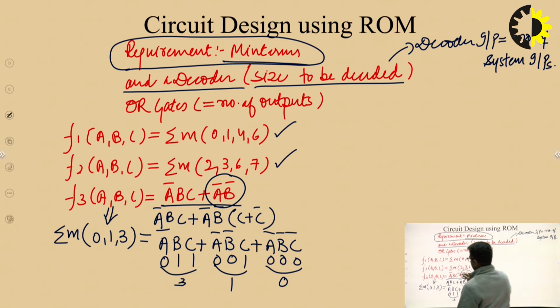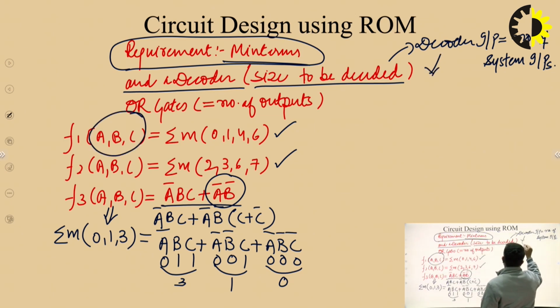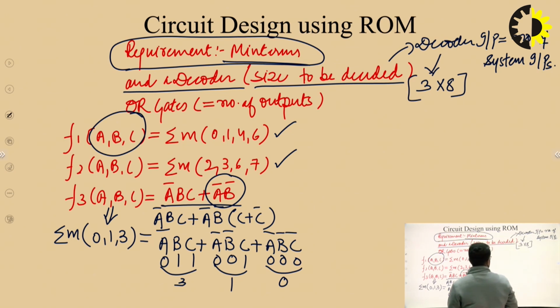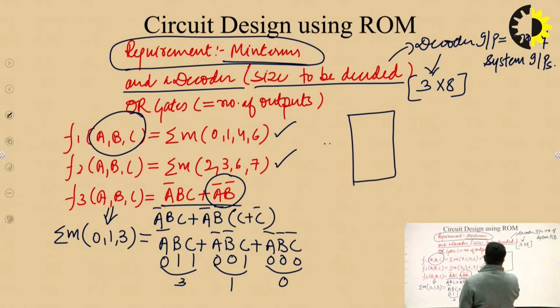Here we can see there are 3 inputs, so the decoder must have 3 inputs. If a decoder has 3 inputs, then outputs will be 8. So I am going to use a 3x8 decoder, with 3 inputs A, B, C.